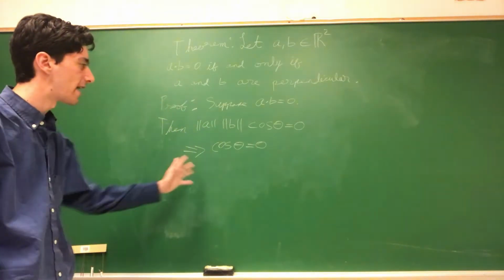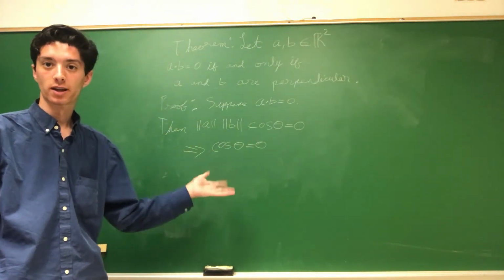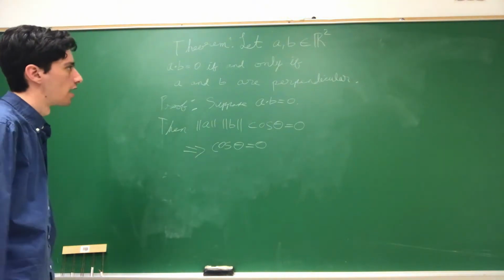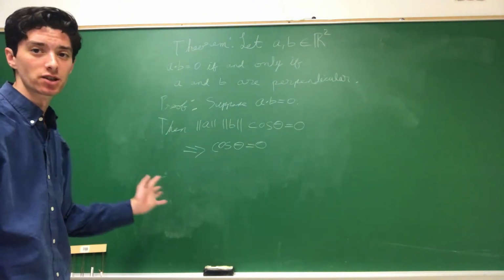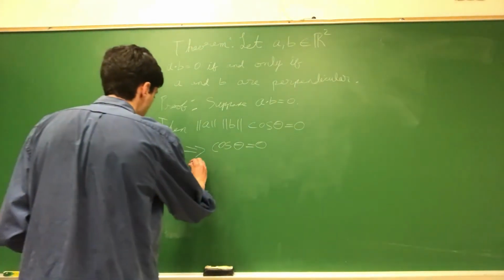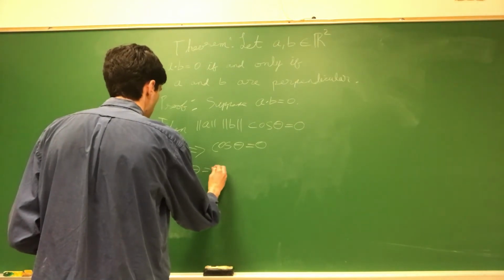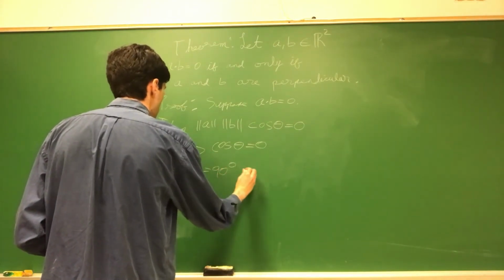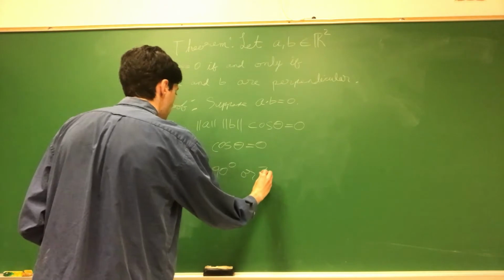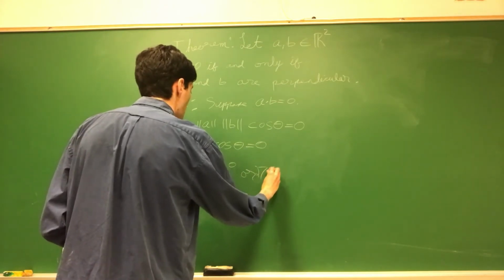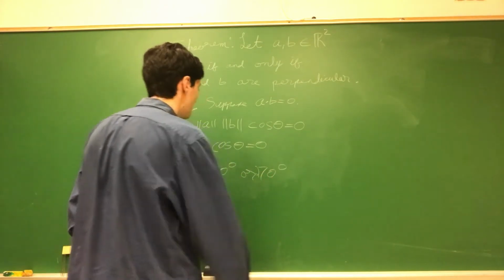And so now what are the values of theta such that cosine of theta can be 0? And we'll think about this in degrees just to keep things simple. So theta is equal to 90 degrees or 270 degrees.